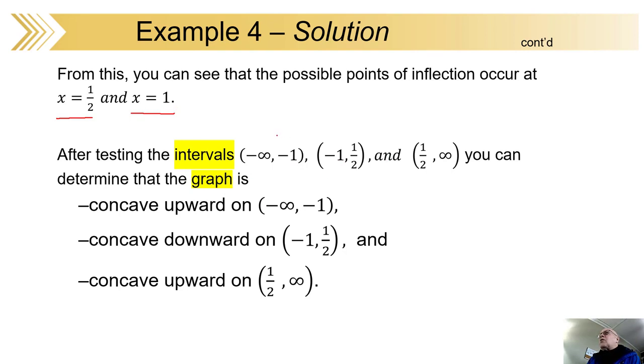Put any value you want to in here. Say you pick a -5. Put that -5 in your second derivative. If you get a positive value, then it's concave upward. If you get a negative value, it's concave downward. And you check that for all 3 of those intervals.